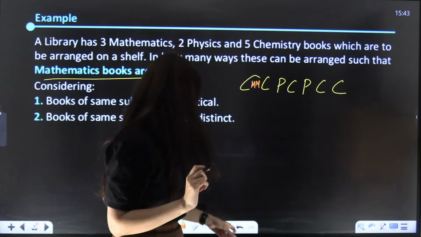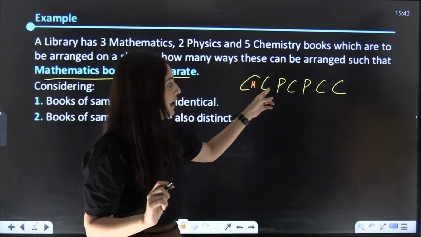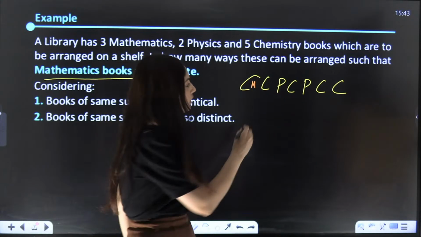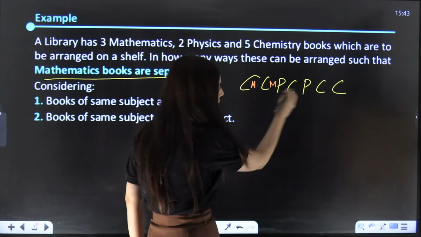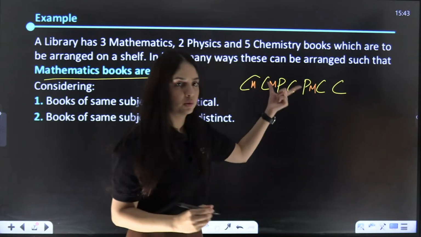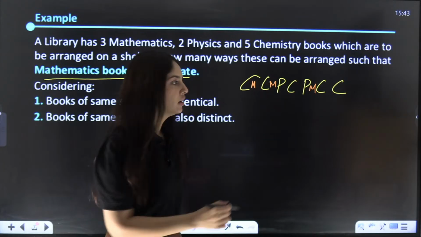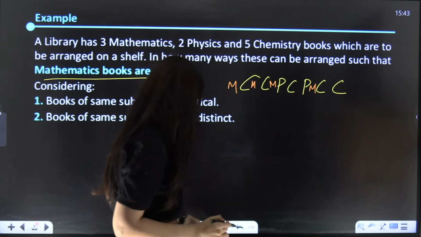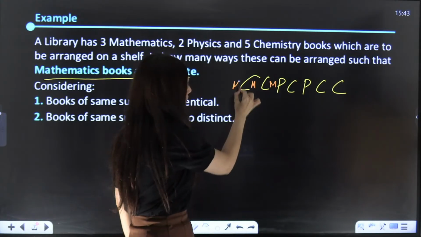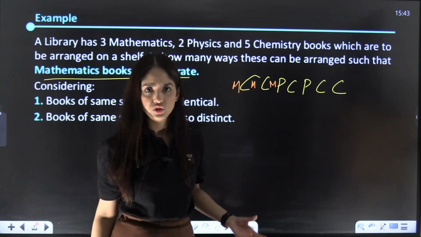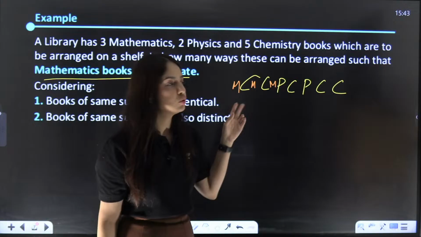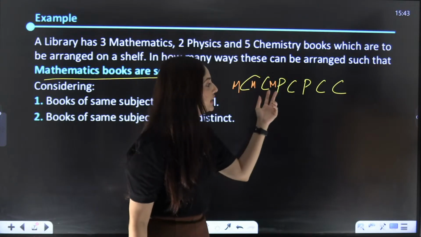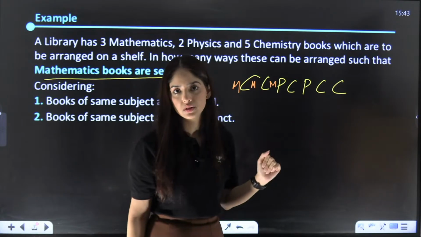We don't want that, which means there has to be at least one of these between 2 maths books. Now, it can be multiple of these between 2 maths books. That is also allowed, right? Or a maths book can be here. That is also fine. Just that 2 books should not go into the same gap between these books.